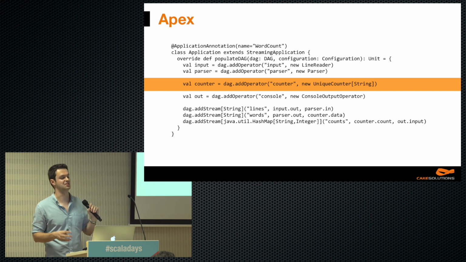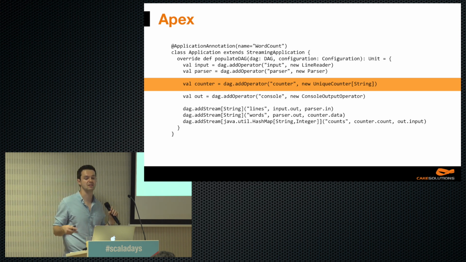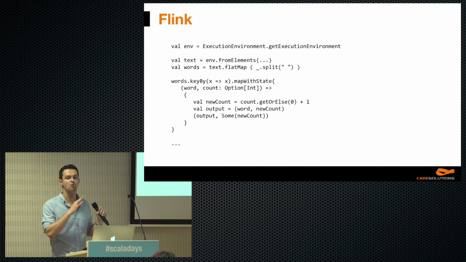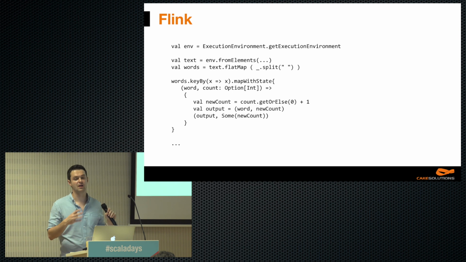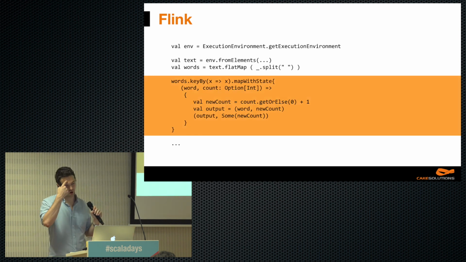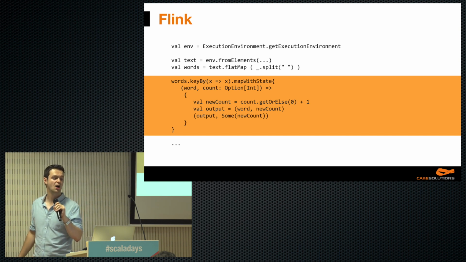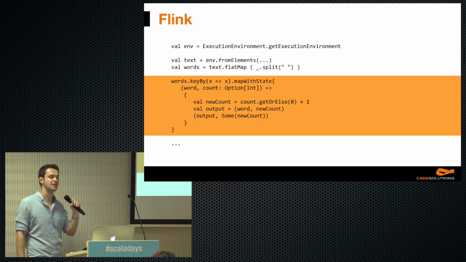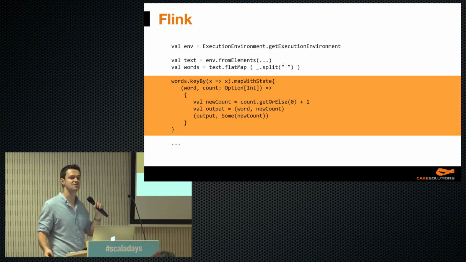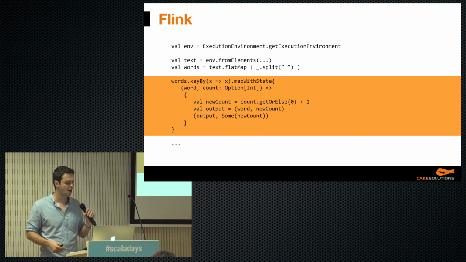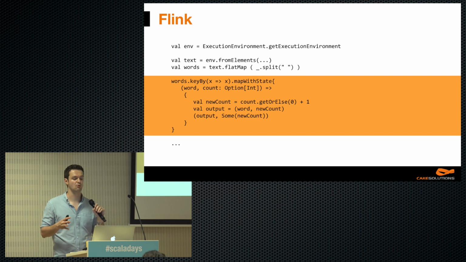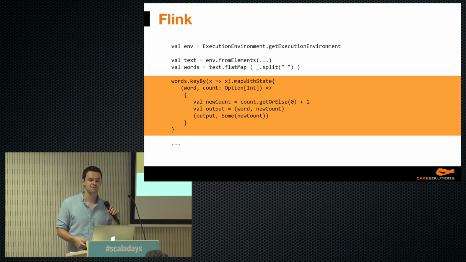But I could also add a state to any other component if needed. Simple. And finally, let's take a look at Flink. Flink provides a very nice and neat API. We just call a function mapWithState, which takes as an argument a function with two parameters. First one is a word to process, and the second one is a state. The function returns processed output and a new state.